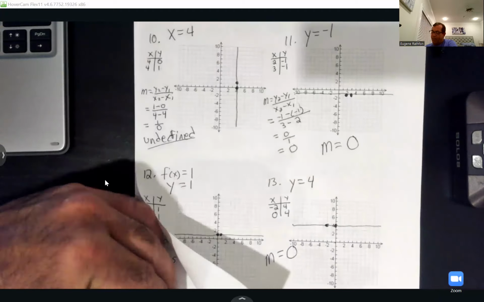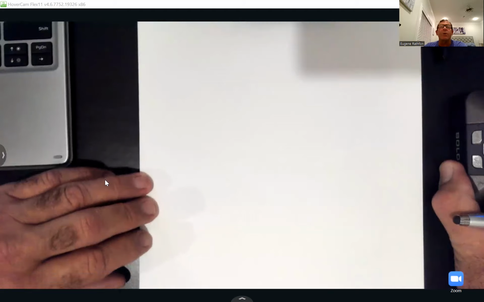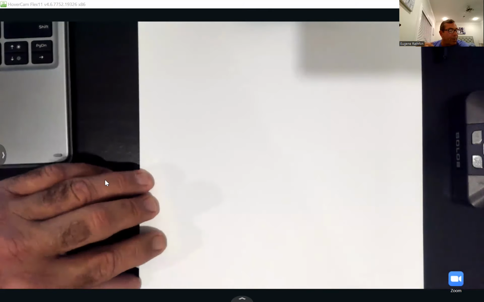All righty, so let me get my next page ready. All right, y'all, so the last part of this deals with determining.